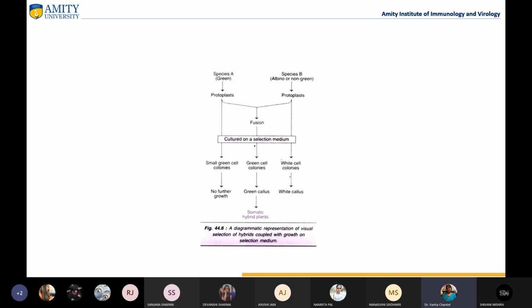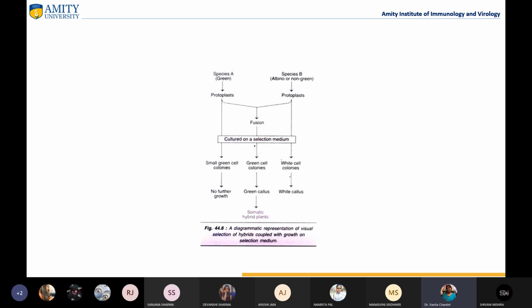For example, this is the example if visually we can differentiate. For example, species A is green, whereas species B is an albino or non-green. So we'll isolate the protoplast from them, we'll fuse them, we'll culture them in a selection media. So in case of species A, small green colored colonies will be formed, but further growth will not happen because it is a special selection media in which the parents will not grow, right?